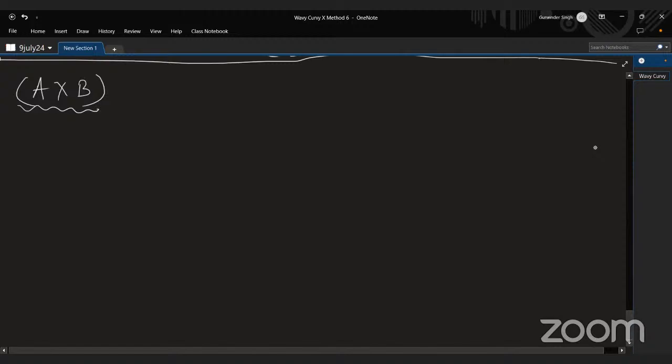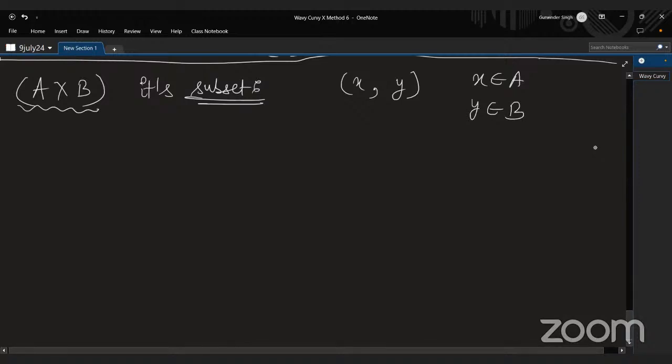When you are taking its subset, if you are taking the ordered pair x comma y such that x belongs to A and y belongs to B, it may be that x and y have a relation between each other.